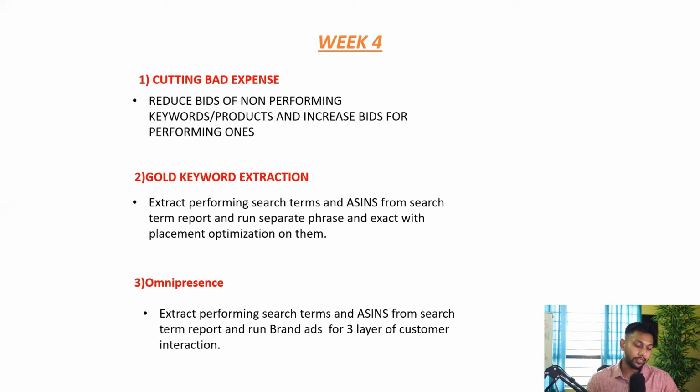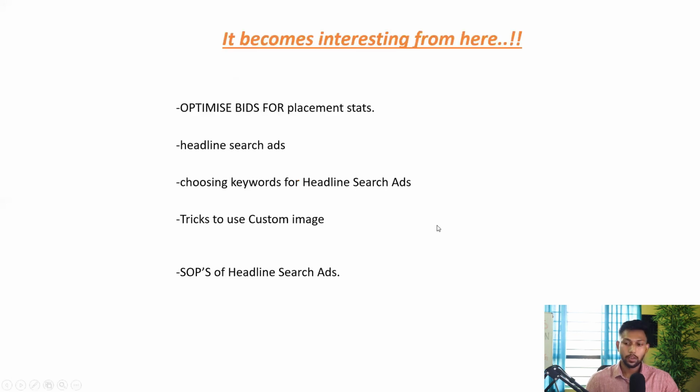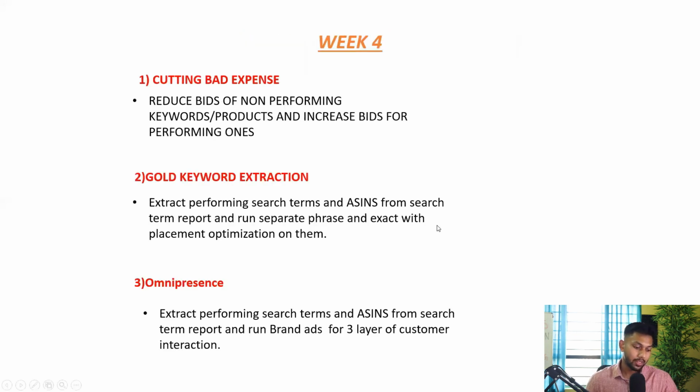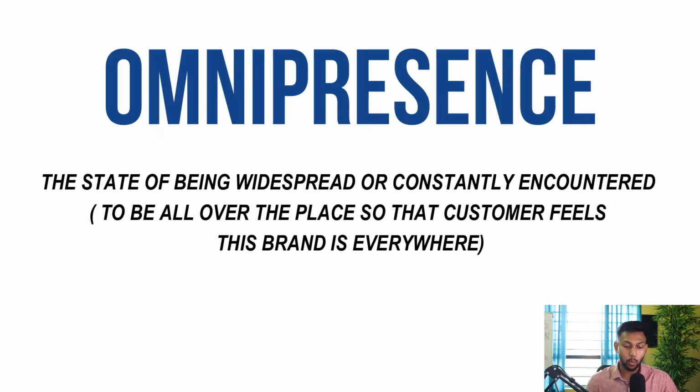Write down the definition of omnipresence: the state of being widespread or constantly encountered. It is displaying on the screen, also in the chat box.